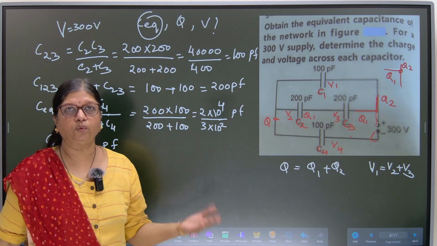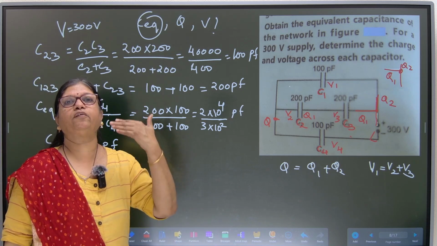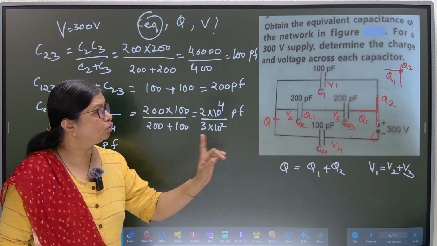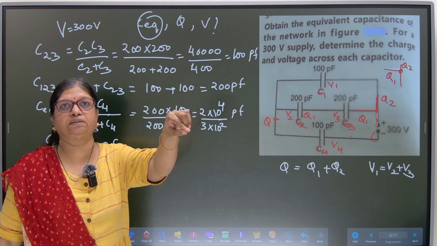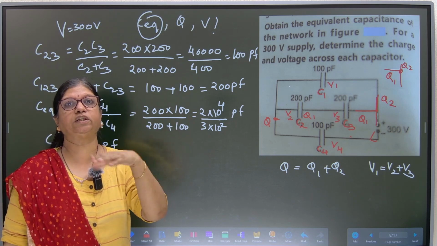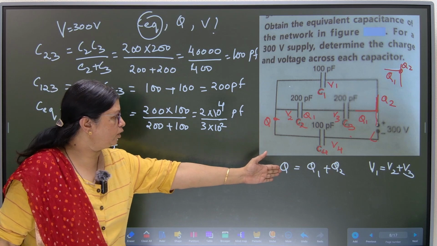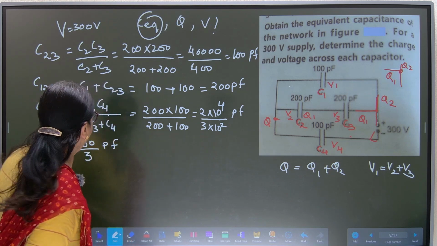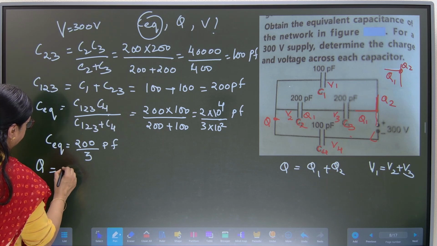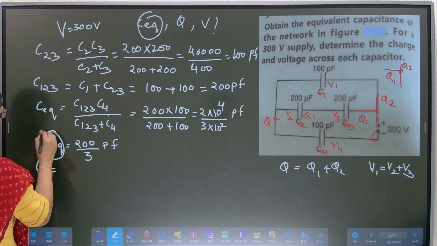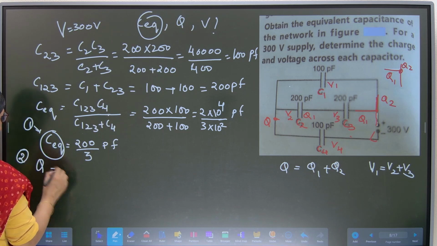Fine. Now, as a regular work, we will find out the total charge. Though the question is find out charge on each capacitance, let us find out the total charge and then use the ratio method to find the charges Q1 and Q2 as seen here. Fine. Okay. So now Q is equal to, our step 1 is over. This is our step 2, regular step 2.